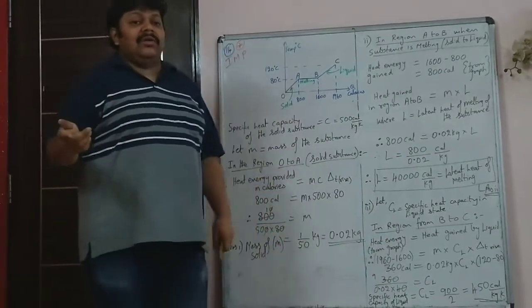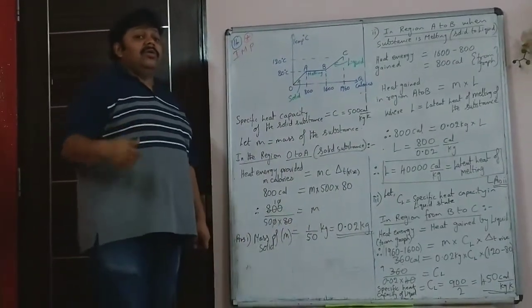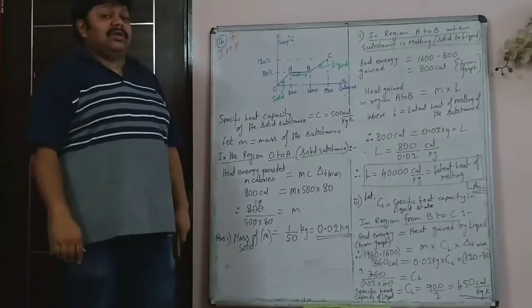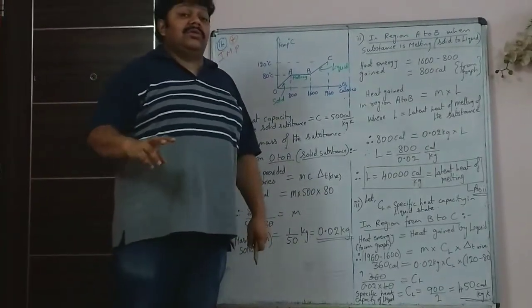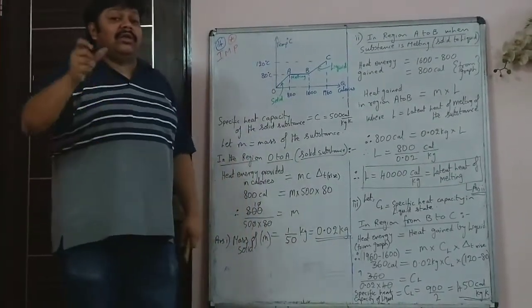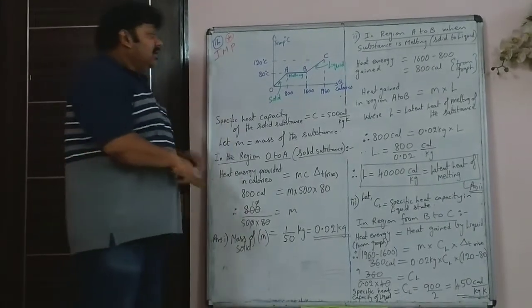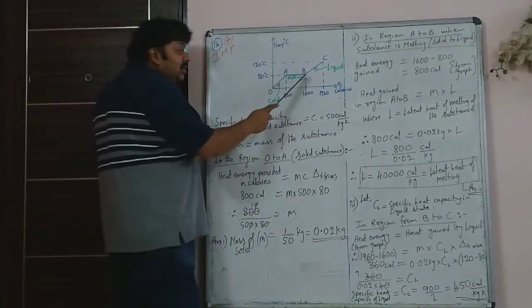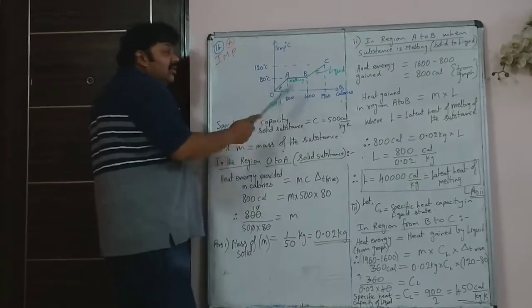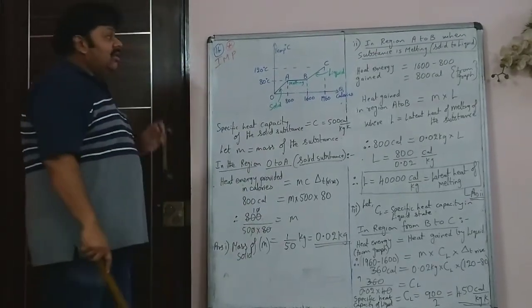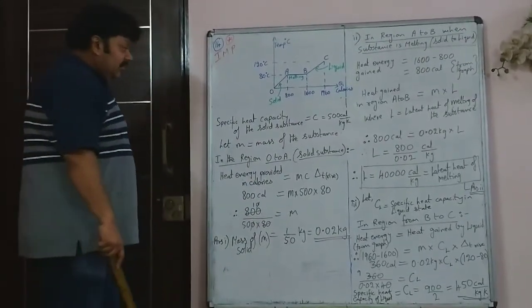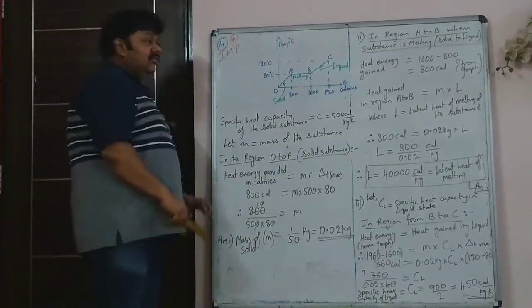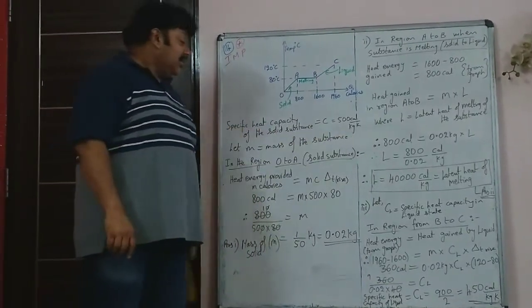Water specific heat capacity is 4.2 joule per gram degree Celsius. So both the substances in different states, solid and liquid, are different. Here also you can see this is steeper, that slope is less steep. So there is a difference in the heat capacity, or the specific heat capacity in fact. This is specific heat capacity.